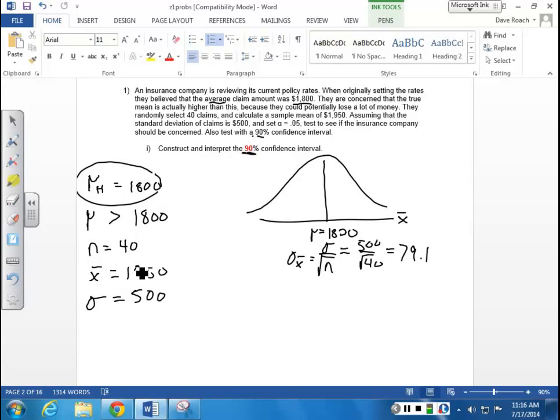But we want 90% confidence. That means we're going to go the mean plus or minus some number of standard errors, z sigma x bar. So we're going to have the sample mean, 1950, plus or minus the 1.645 times the 79.1.